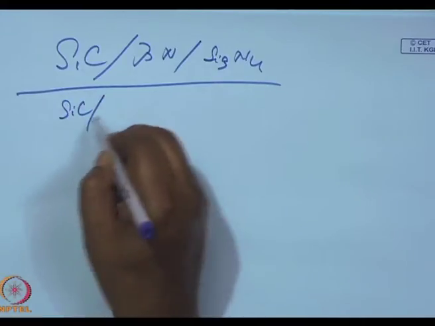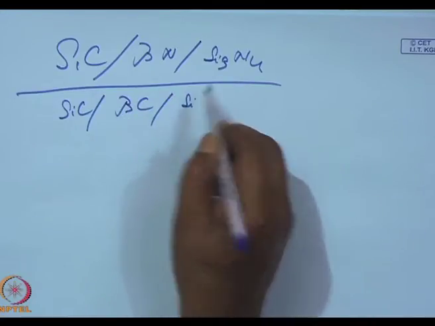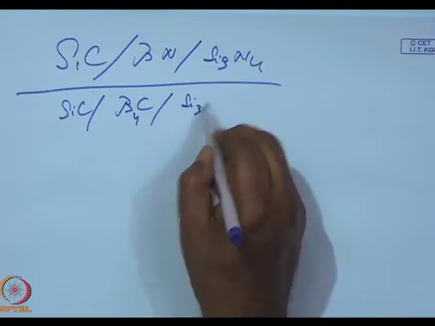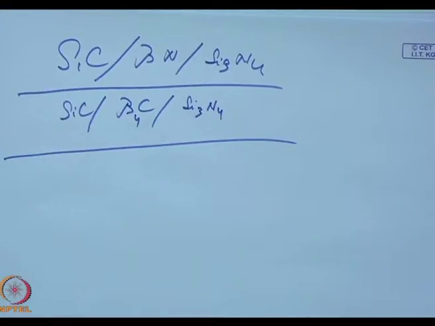You see, these are materials which are being used heavily in space and, yes, in missile technology also. In such cases, one species deposits another, like silicon carbide, boron nitride, silicon nitride, or it can be silicon carbide, boron carbide, silicon nitride, all of this.